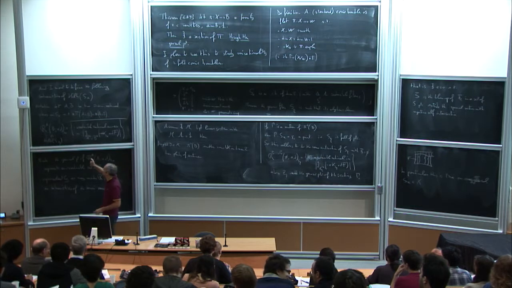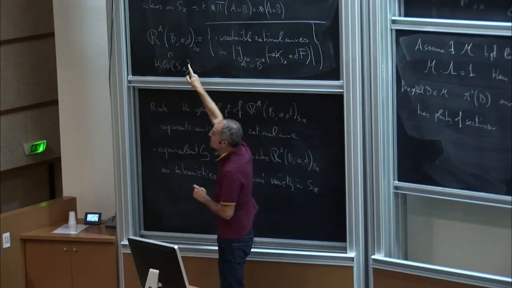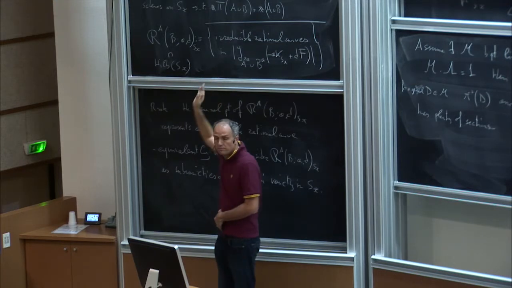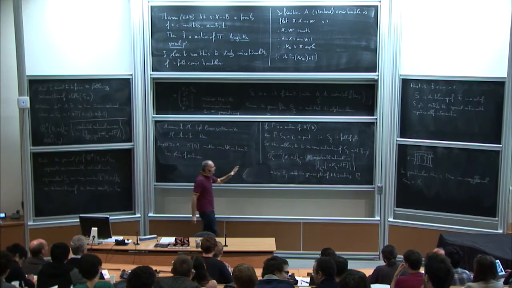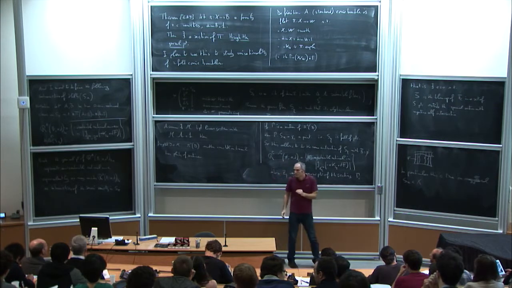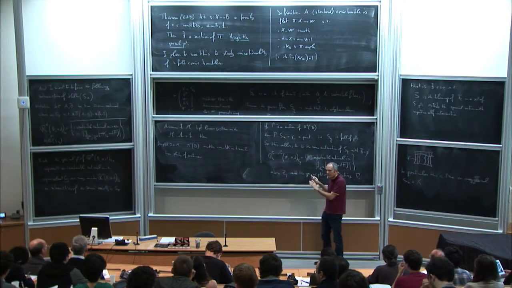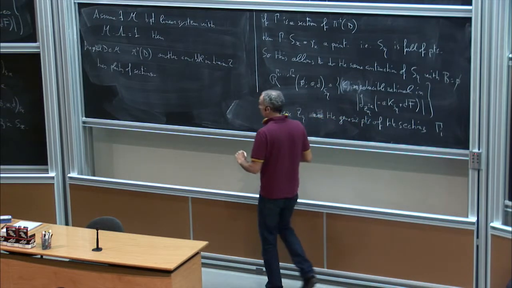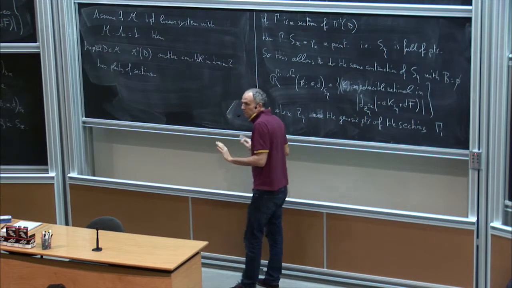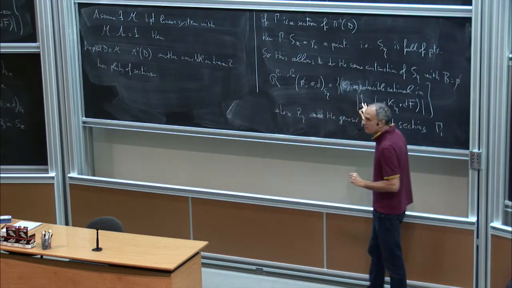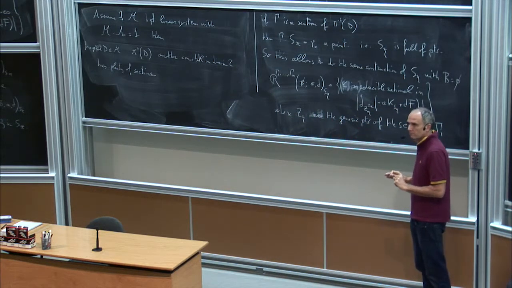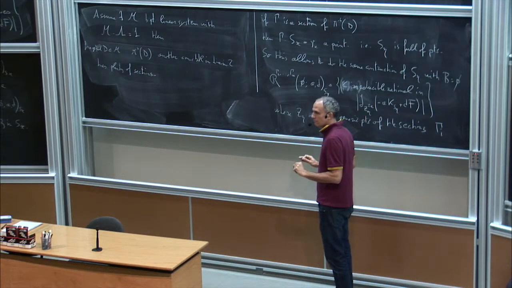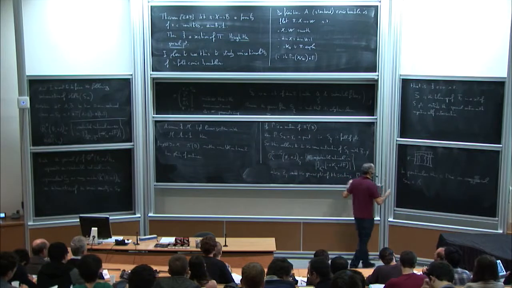Because the main difference between these two is the B. Okay, so here I have B, so I also have B, and here I can't put B, but the reason maybe is a bit obscure now, and I hope to make it clearer in a few seconds. Okay. So if you are with me that this is well defined, then I'm fine for the moment.